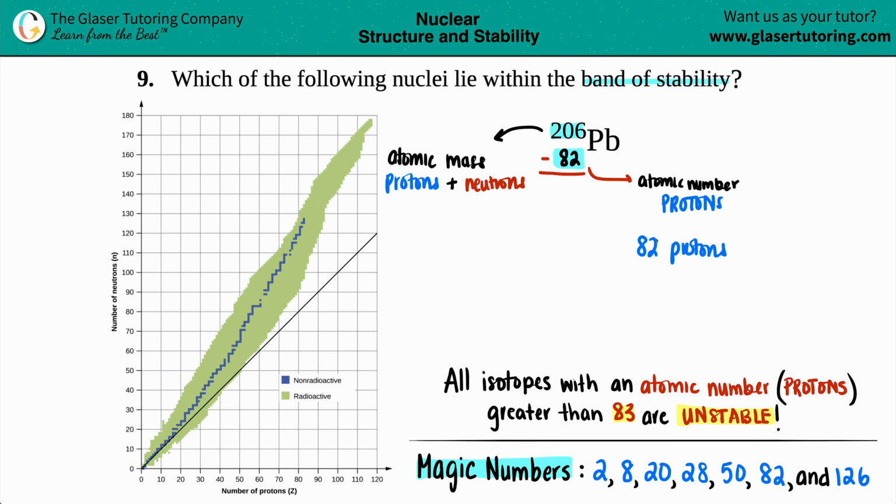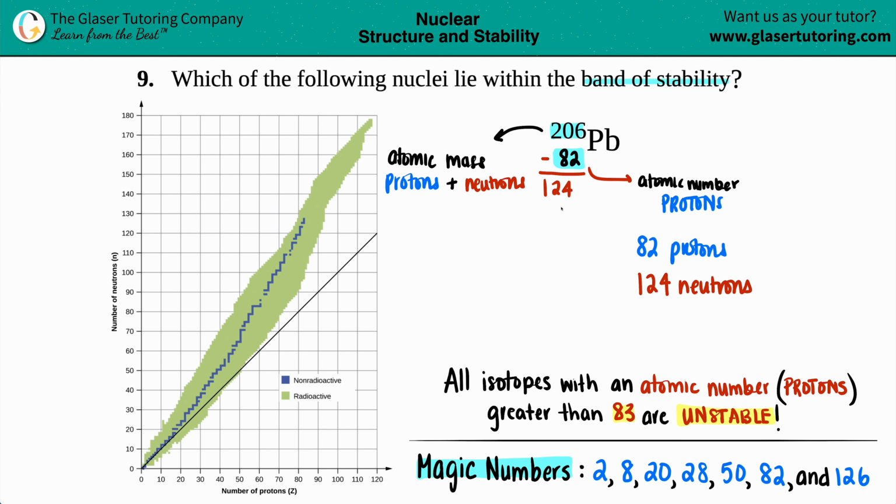Yes, I'm just making sure it's a 206 and it's an 82. Yep. So we got 124 neutrons. And I'll just write that over here, 124. And if I add these two numbers up, just to double check, we will get 206. 4 plus 2 is 6, and then 12 plus 8 is 20.